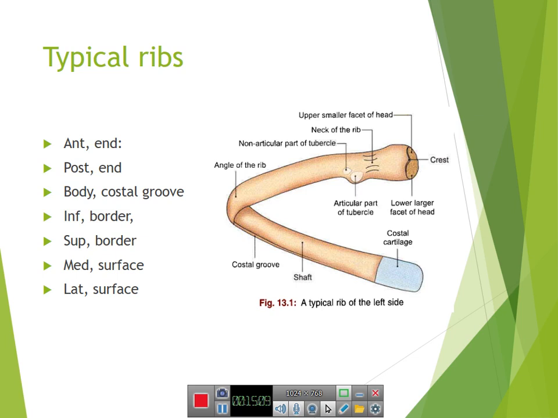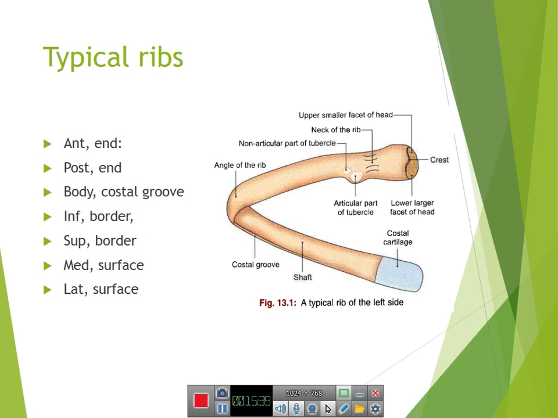This surface is marked by a ridge which is continuous behind with the lower border of the neck. Here is the lower border of the neck, and the continuation of the lower border of the neck is the costal groove. The costal groove lies between this ridge and the inferior border.